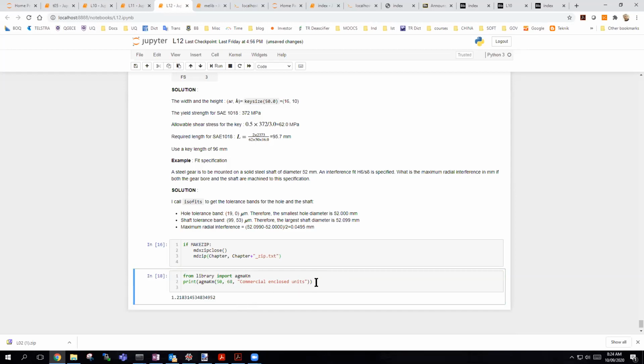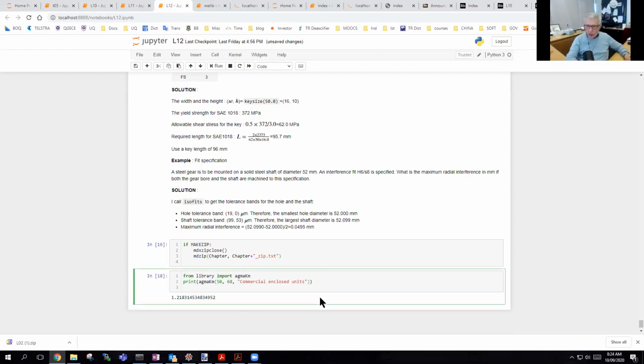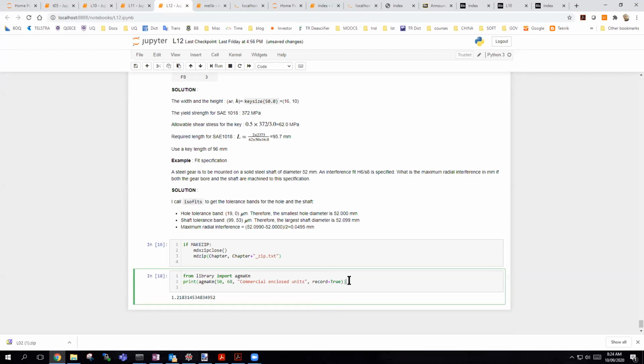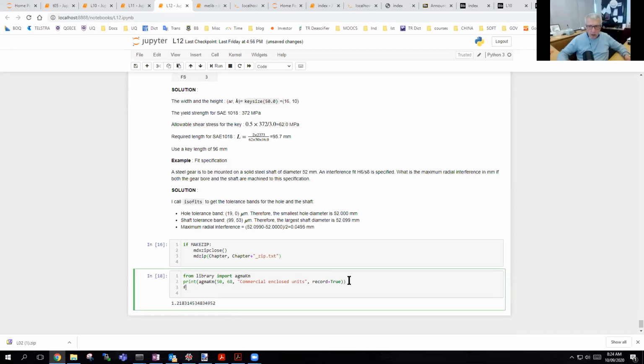No. So let's see the intermediate steps. I think in this one I have a record function. Let's record true. There's also a function in the library which accesses the intermediate steps.